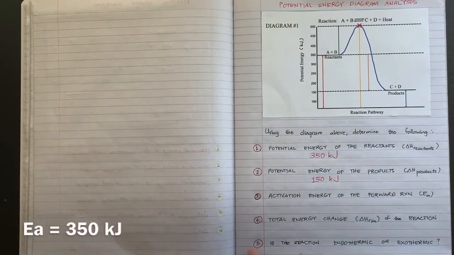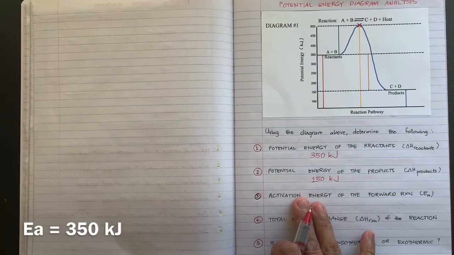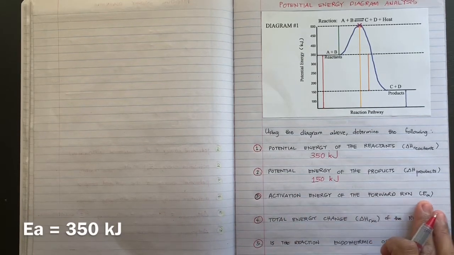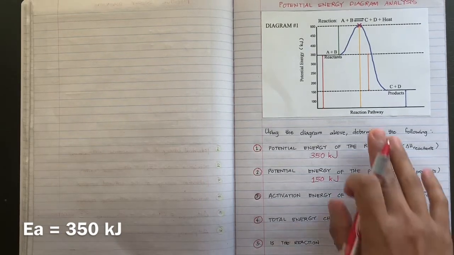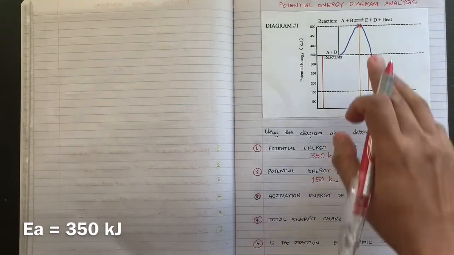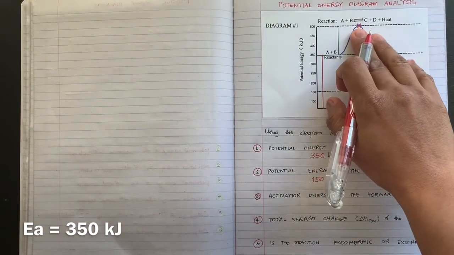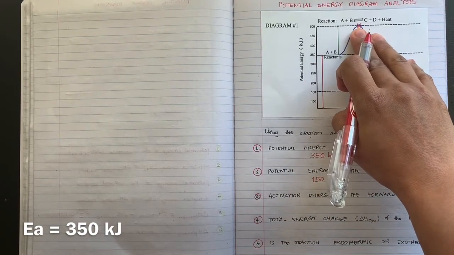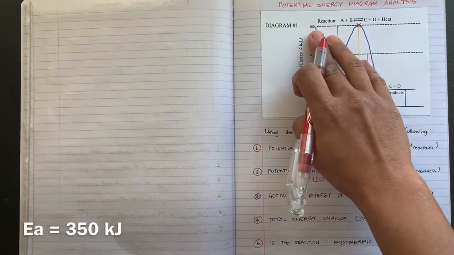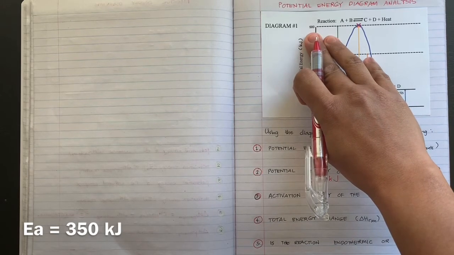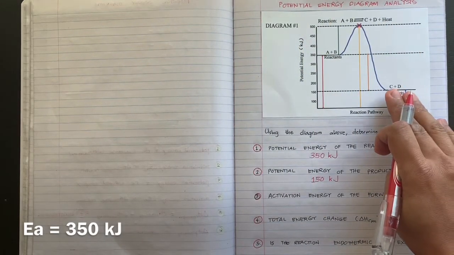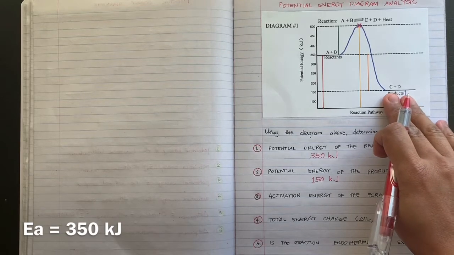Number 3, what's the activation energy of the forward reaction, the Ea of the forward reaction? We know that activation energy is measured from the maximum of the curve, where you see your activated complex. All you need to do is look at the value of that maximum, which is 500, and then you know that it ended in 150.